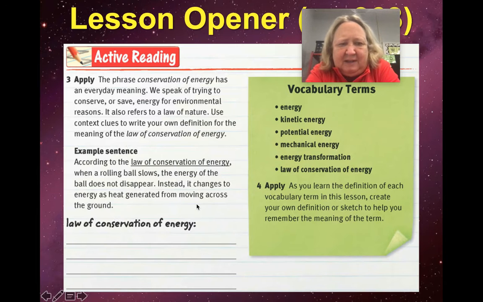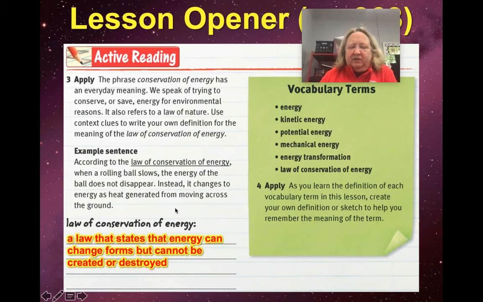So if you look at the example sentence, according to the law of conservation of energy, when a rolling ball slows down, the energy of the ball does not disappear. Instead, it changes to energy as heat. So the energy of the ball has changed to heat energy. So to define the law of conservation of energy, it is a law that states that energy can change forms, but it is not created or destroyed.